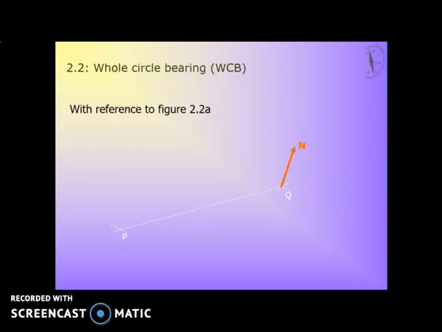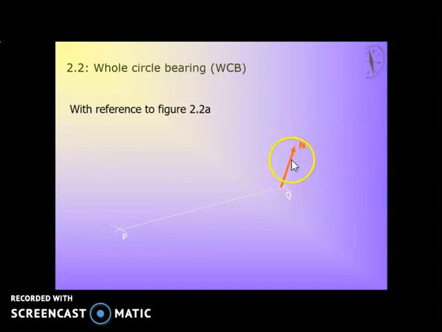If you want to identify the whole circle bearing of the line QP, QP means you start from Q and you move towards the point P. So you will need to draw the north from the starting point of the line QP, which is here, right?